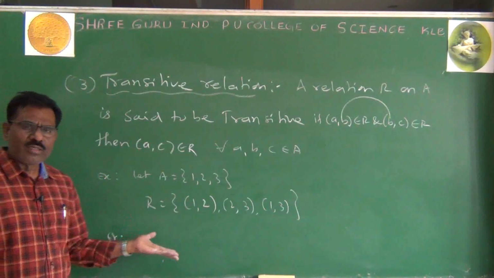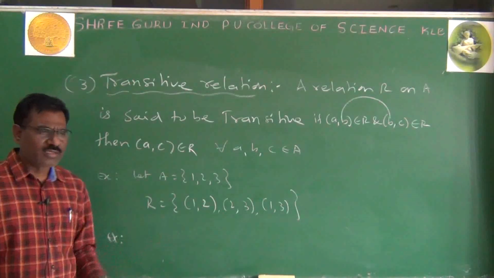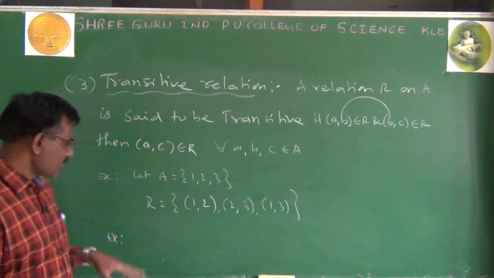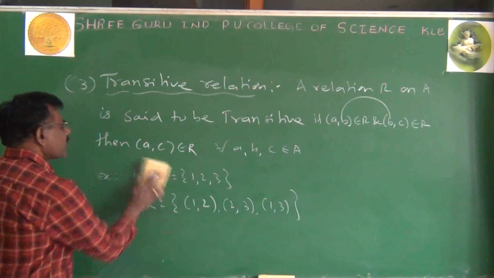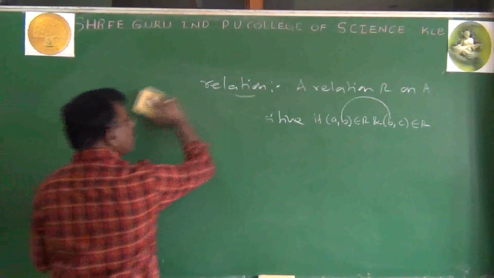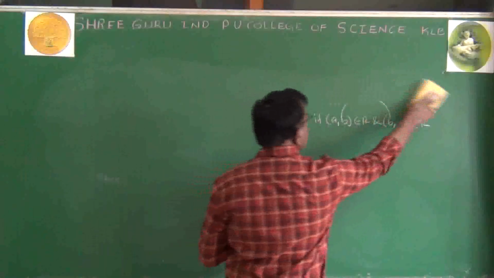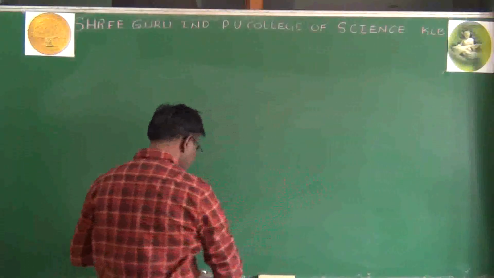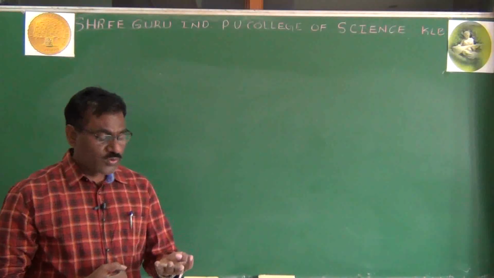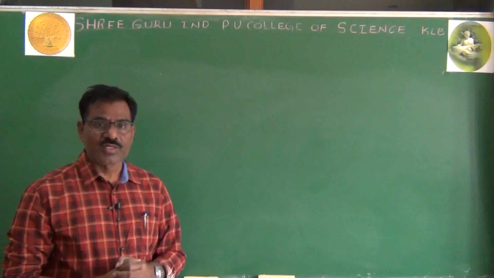Even besides parallel, you can take similar triangles, congruent. So many examples are there. Okay, so it is a good example. For transitive, the example is parallel only. Parallel is parallel to means it is satisfying all three: reflexive, symmetric, and transitive.